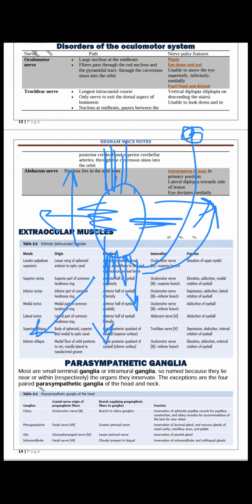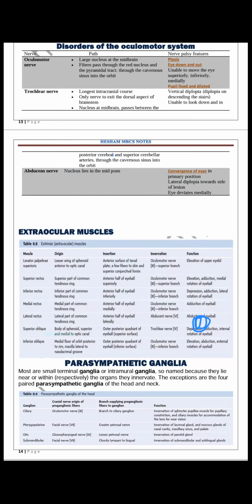So this is depression and abduction. While the inferior oblique, which is inserted above, causes traction downward, so it will cause elevation and abduction. So this is the action of the muscles.